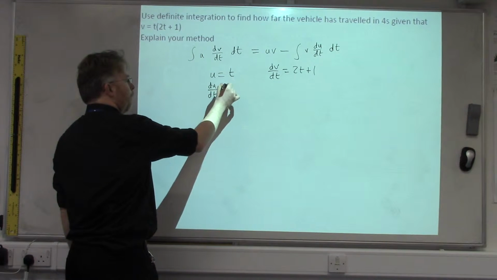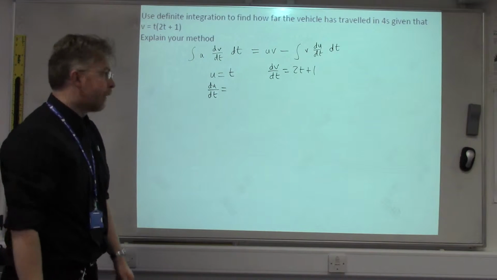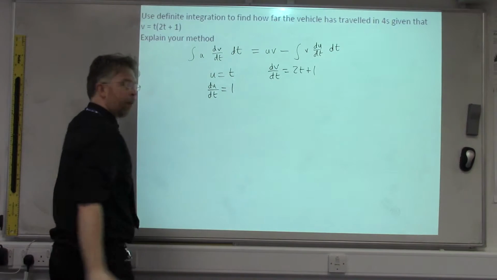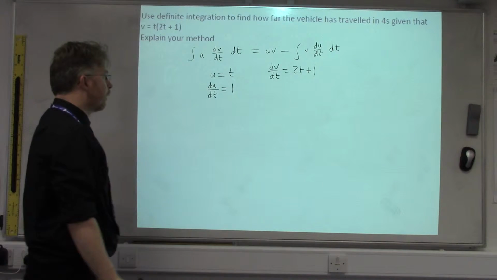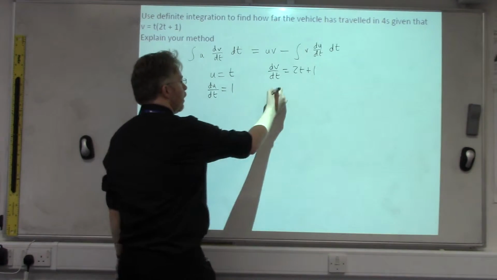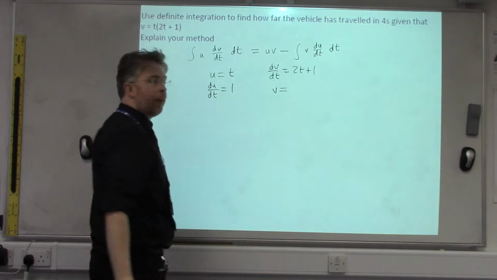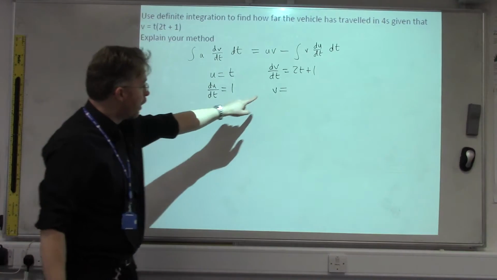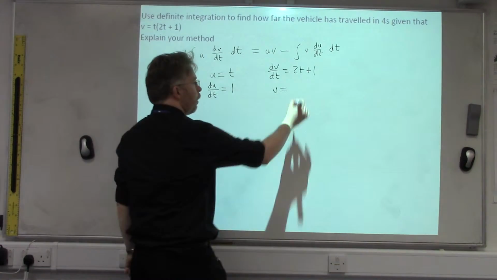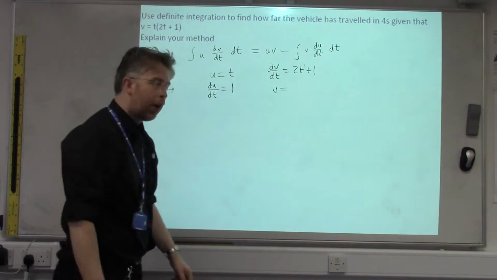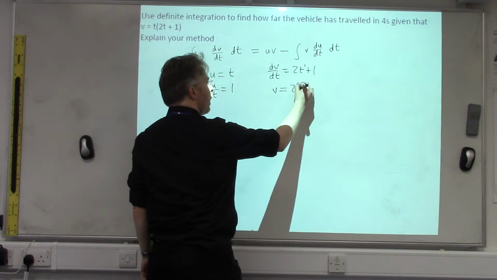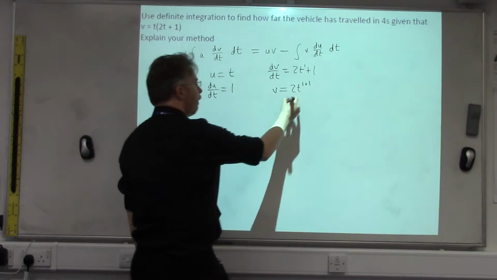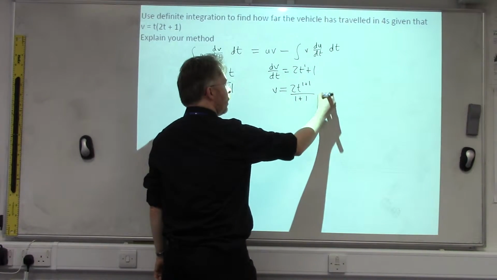To fill out the formula, we also need du/dt. So differentiate t, it just differentiates to 1. The v, we have to integrate dv/dt to get v. So we have to follow the rules. So t on its own is t to the power of 1. So we would increase the power by 1, 1 plus 1, divide by the new power, 1 plus 1.